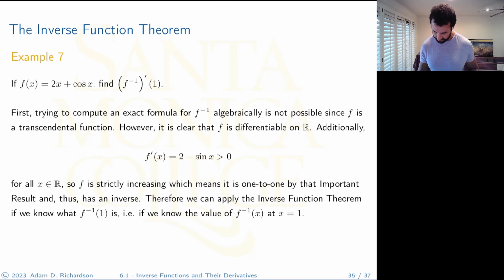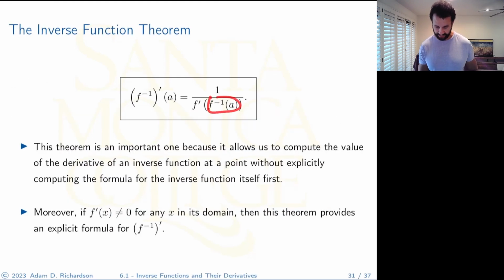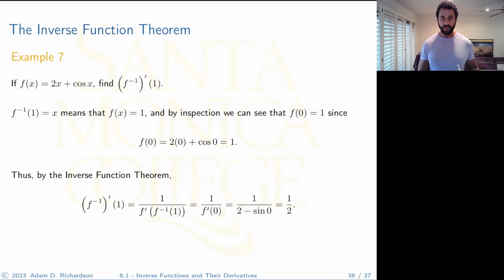So if you go back to the theorem, let me pull it up here, this one. We don't know this yet, f inverse of 1. And so we don't know if that expression is going to be 0. However, we can figure out what it is by inspection. So remember, f inverse of 1 equals x means that f of x equals 1. So when does f of x equal 1?